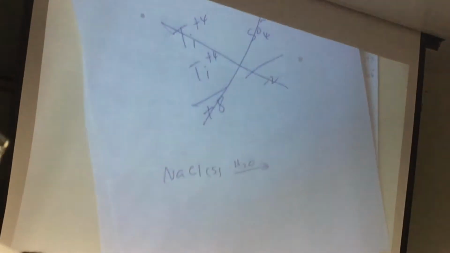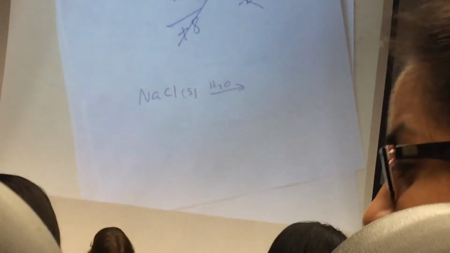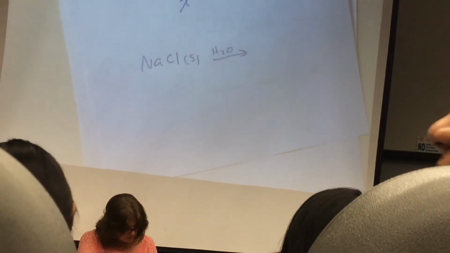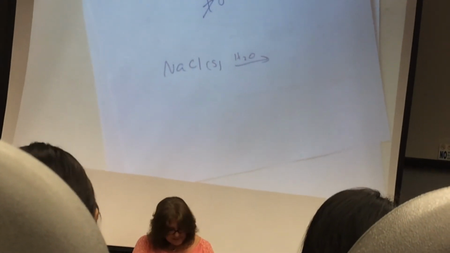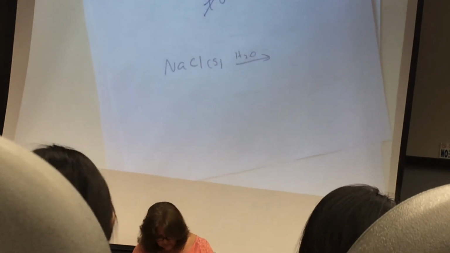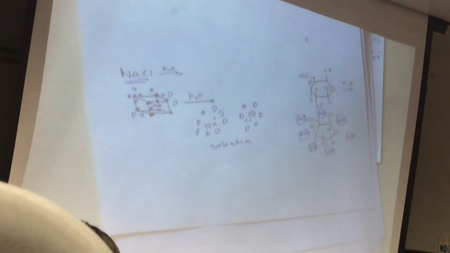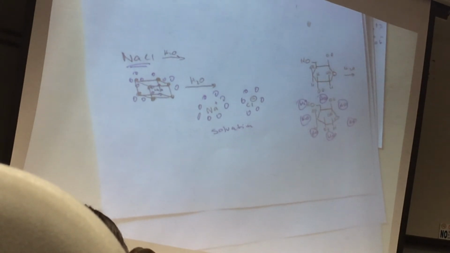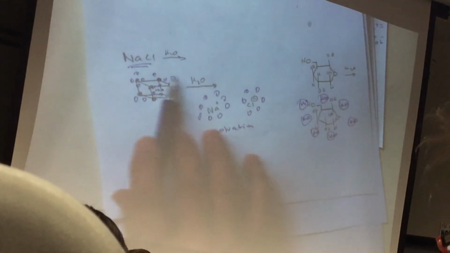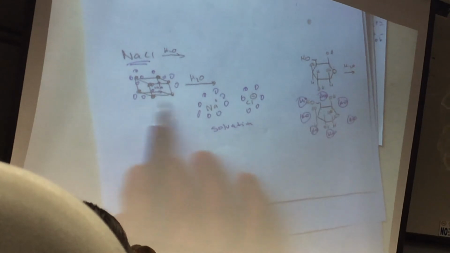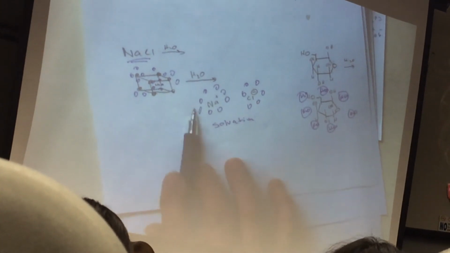What happens during a dissolution? What happens when a strong electrolyte goes into water and gets dissolved? What happened last class? That the water came in and destroyed the solid matrix, the crystalline structure.